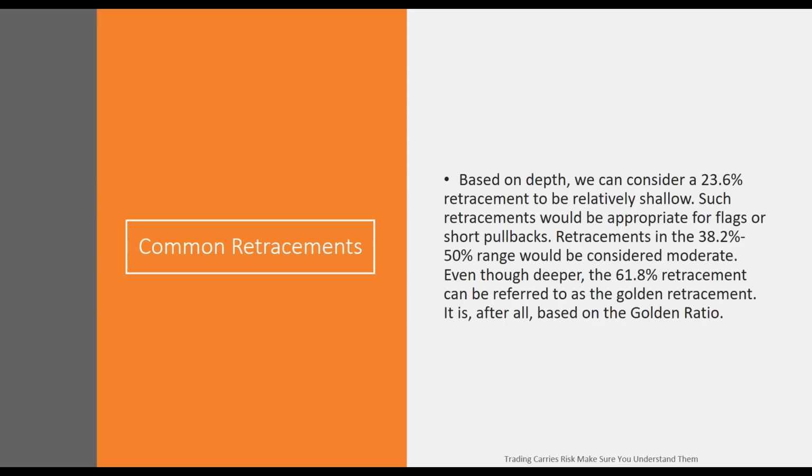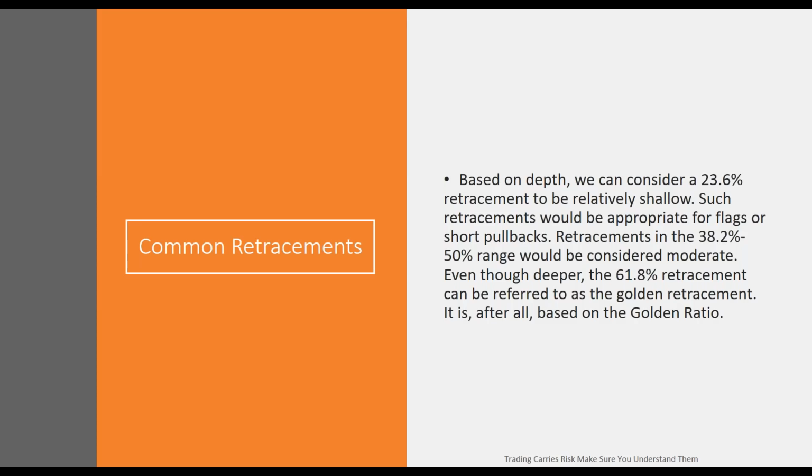So based on the depth, we can consider a 23.6 retracement as relatively shallow. Such retracements would be appropriate for flags or short pullbacks. Retracements to the 38.2 to 50% range would be considered moderate. And even though deeper, the 61.8 retracement can be referred to as the golden retracement.